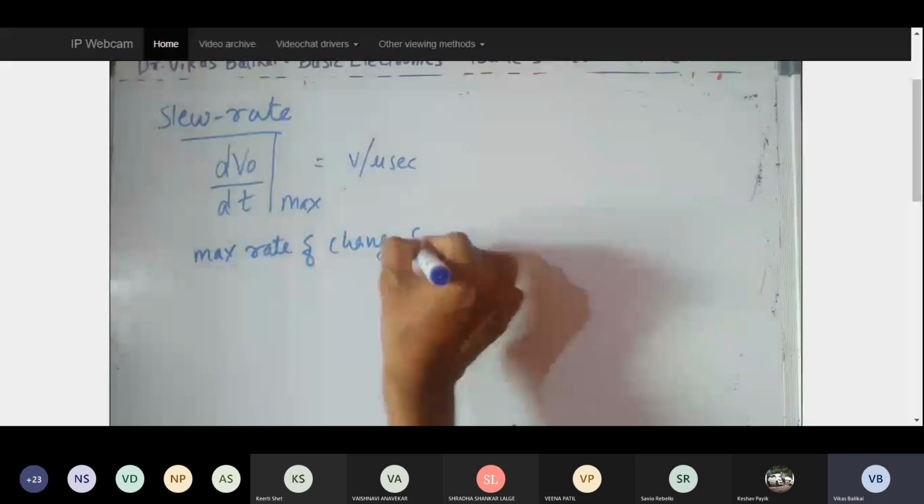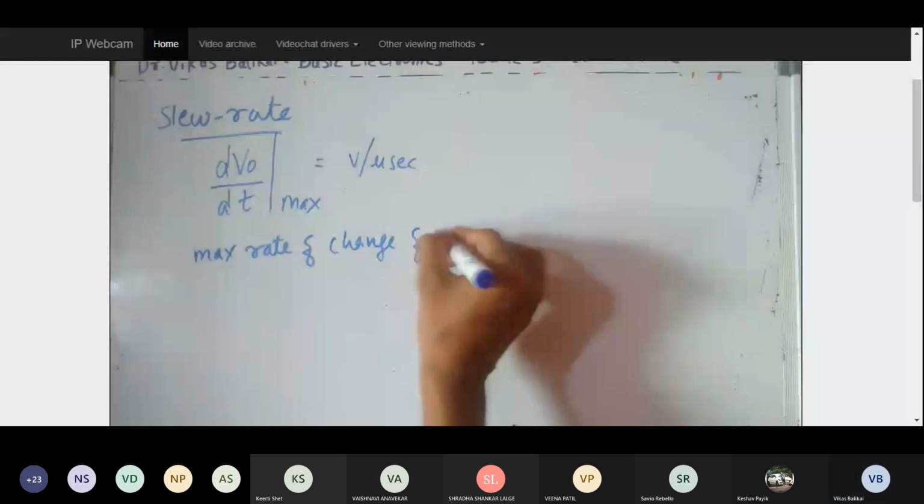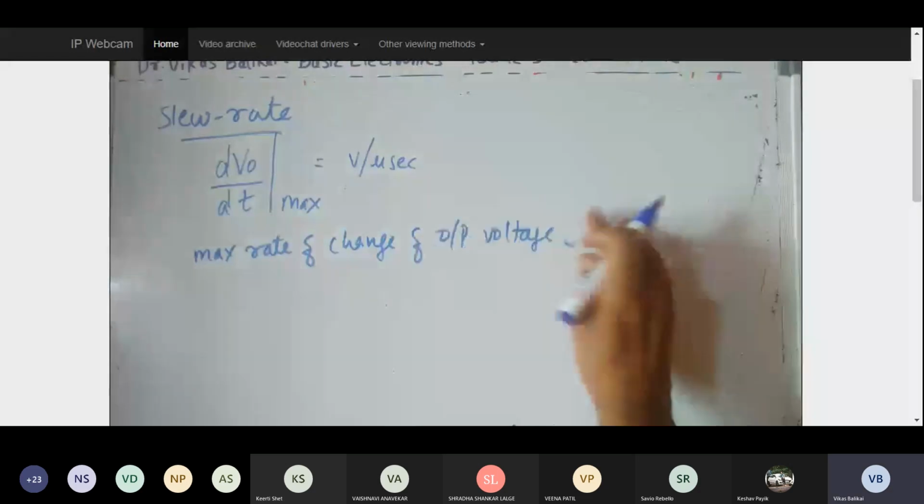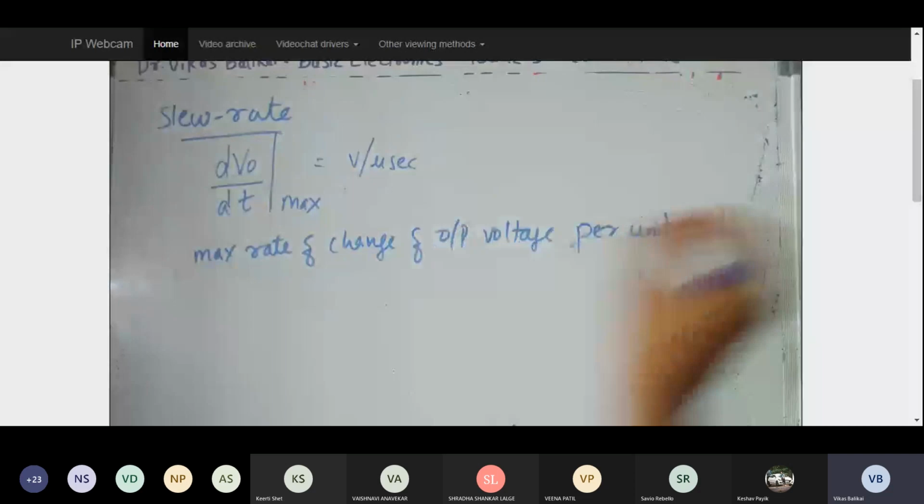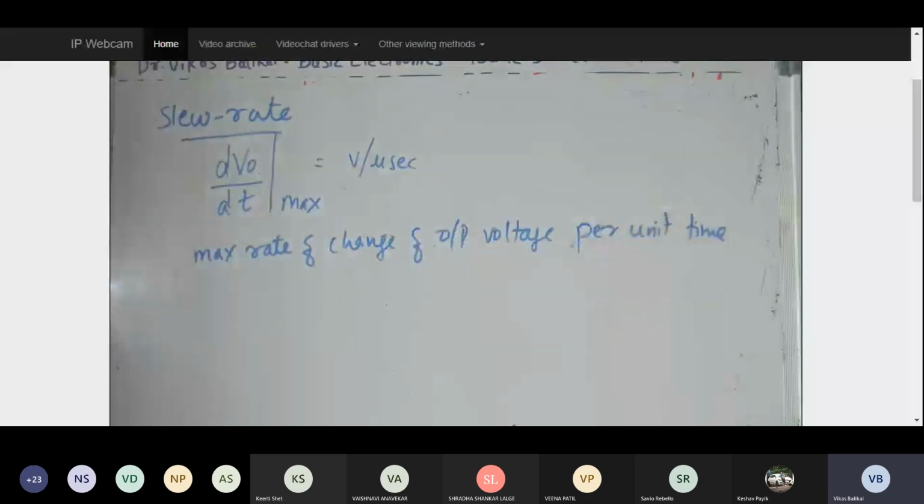If I get into the exact meaning of that, it only determines how fast the output voltage can change per unit time.